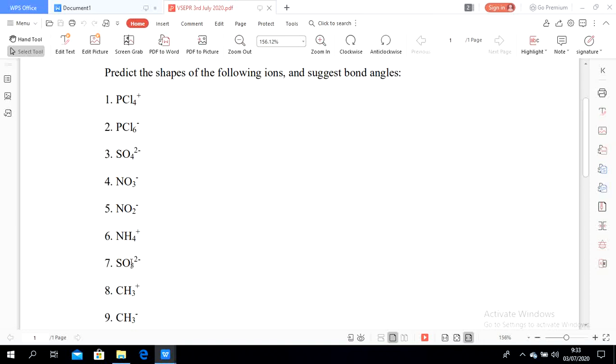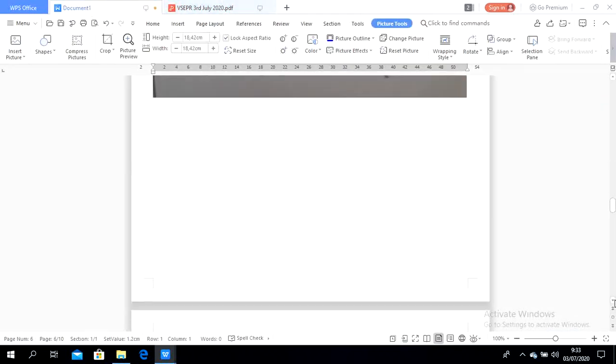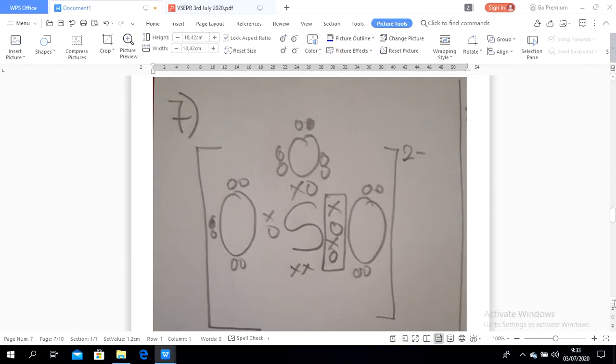Next, sulfite, SO3 2-. Let's see how the diagram looks. The diagram looks like this one. There is a double bond between S and O, and then there are 2 electrons from outside that make the electrons of the oxygen become 8.